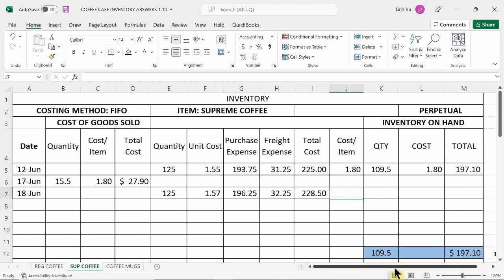Okay. Now in this case, we're using FIFO, so I need to calculate my cost per item.